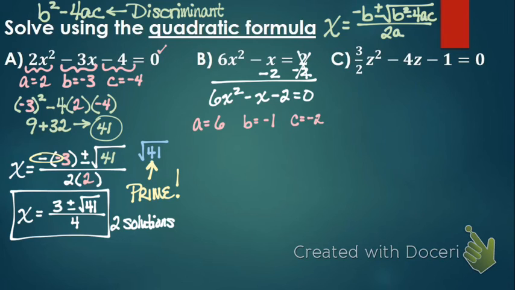From here, I sub into the discriminant part. So what are we squaring? Negative 1. And what do I put in the other two parentheses? 6 and negative 2.